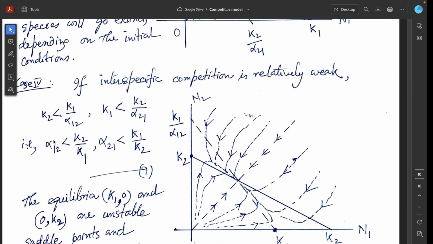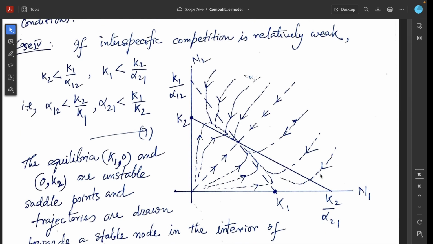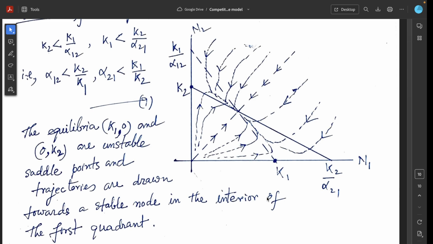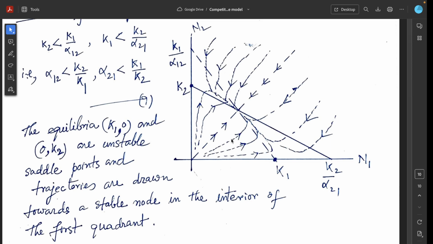Case 4: K2 is less than K1 over alpha 1 2, so K2 is below this K1 over alpha 1 2, and K1 is less than K2 over alpha 2 1. Then these equilibrium points, K1, 0 and 0, K2, are also unstable, saddle points, and trajectories are drawn towards the stable node in the interior of the first quadrant.